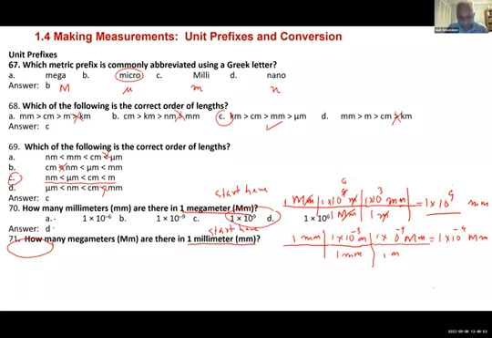Do you have any question how to do it? You start with the one that you are trying to start with. 1 millimeter. You do that. Again, I made the same mistake. It has to be 6. Okay, it becomes 10 to the negative 9 now, because when you are going backwards, 1 millimeter is 10 to the negative 3 meters, 1 millimeter is 10 to the negative 6 megameters.